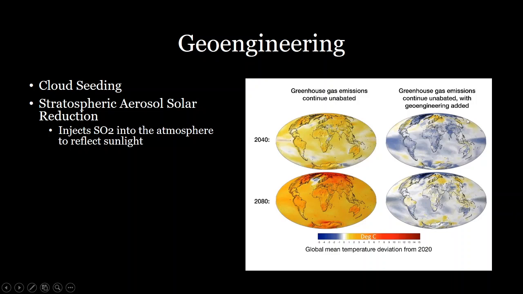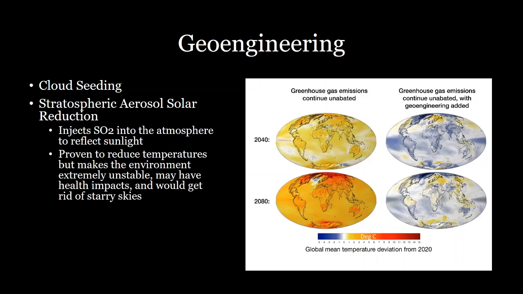And this is a scenario using the same emissions of CO2, but implementing stratospheric aerosols in order to help reduce the temperature. And so you can see here that it pretty much completely eliminates the amount of warming due to CO2 and actually causes some global cooling. And so it would be effective, at least for that time being.